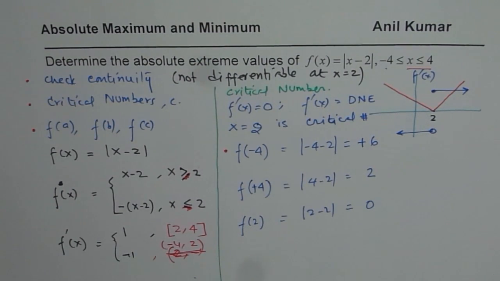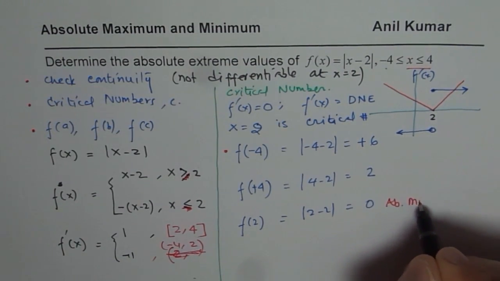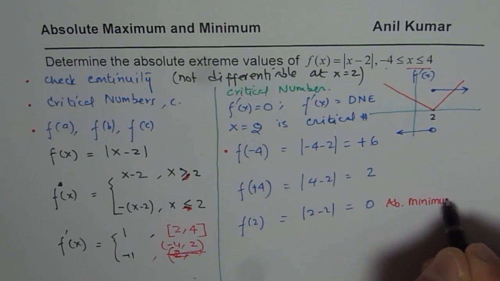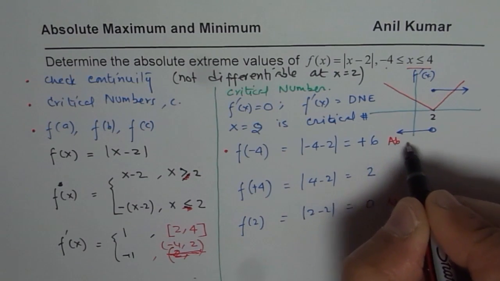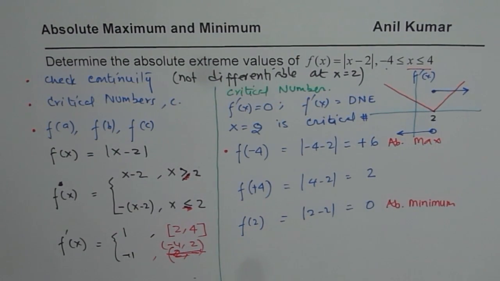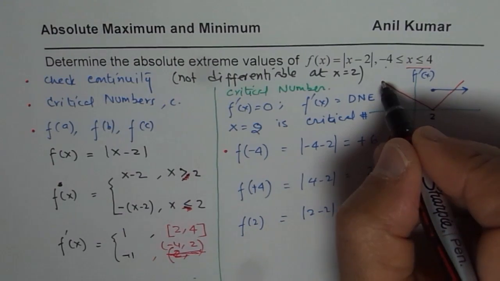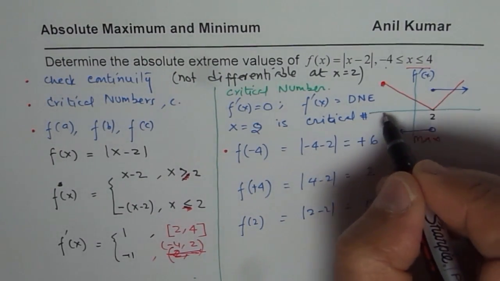Now if you compare these values, what do you get? You get the absolute minimum here, right? And the absolute maximum at this point. So these are the 3 points you need to check for. So let us say this is our -6 right here.